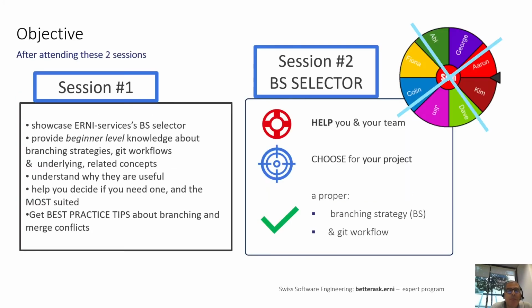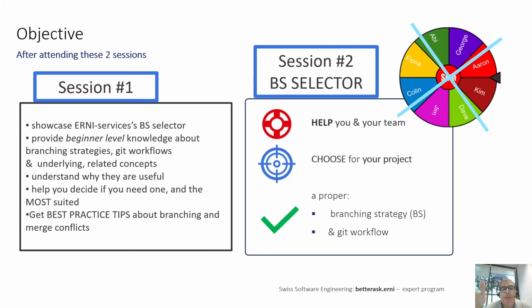The objective for these two sessions, well, for the first one, which is the introduction, is basically to showcase the earnings services branching strategy selector, which is a tool that is very easy to use and will save you a lot of time. We will talk about this a little bit later.